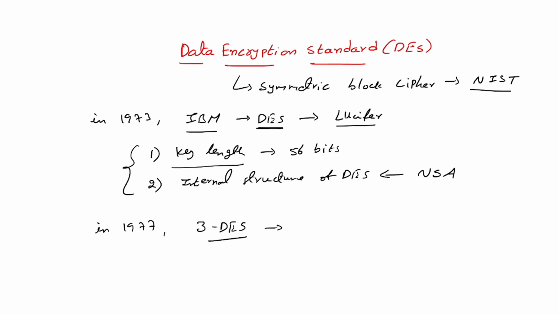Most importantly, it is a symmetric block cipher. We already discussed block ciphers. Block cipher means the plain text will be divided into blocks and encrypted one block at a time, and ciphertext will be generated.